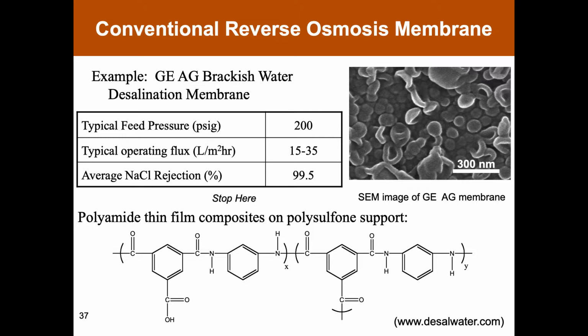And these are brackish water membranes, so they typically operate at somewhat lower pressure than seawater membranes. They're built to take salt out of low concentration salt sources, things that might be 2,000 or 3,000 parts per million salt, rather than 32,000 parts per million like seawater. These are typical sodium chloride rejections and operating fluxes.